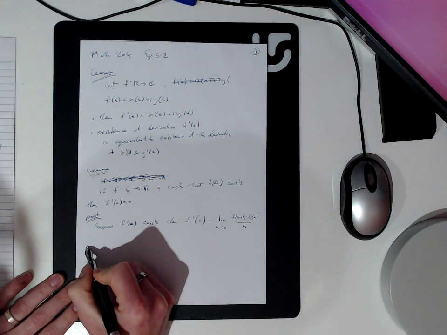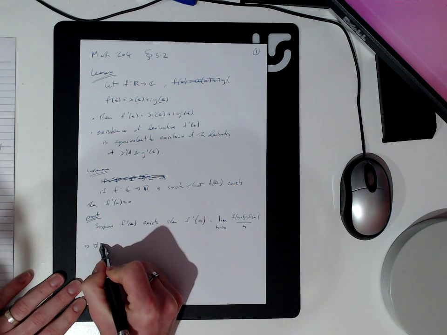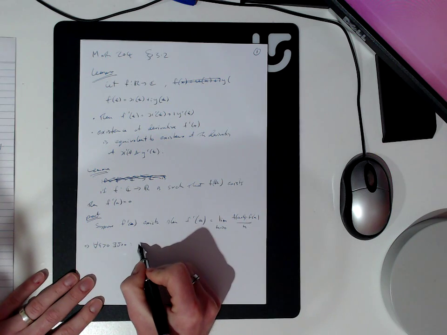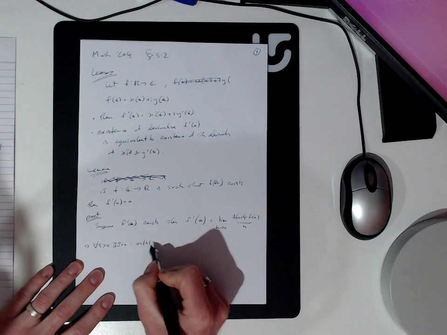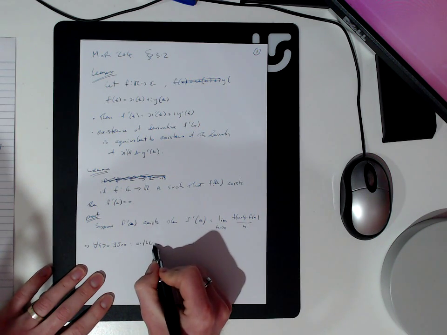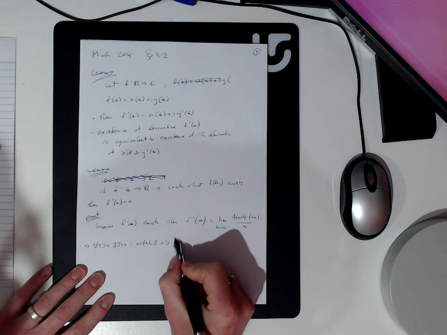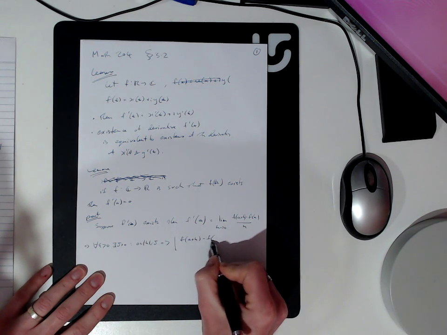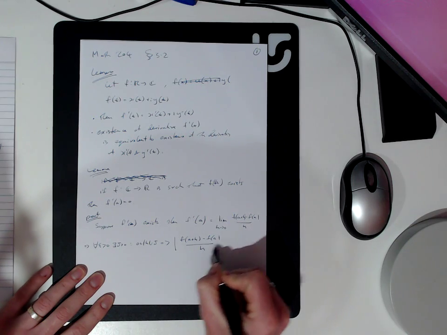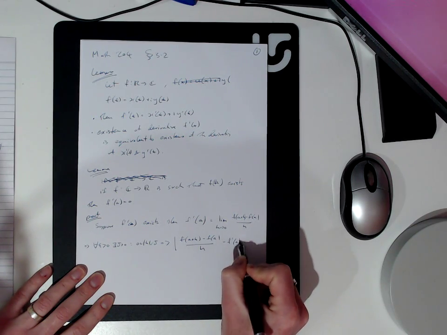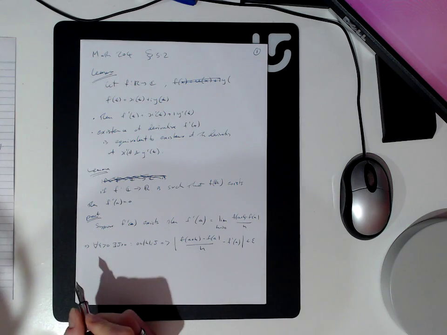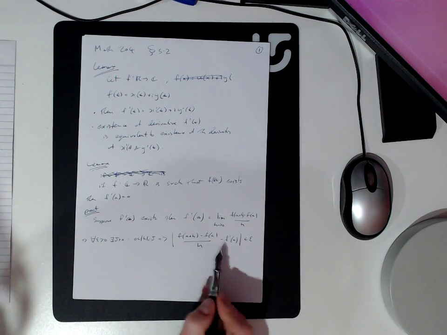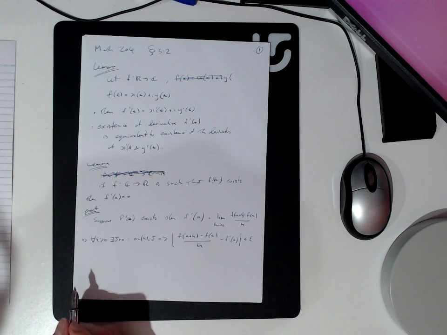And that's equivalent to saying, for all epsilon greater than 0, there exists a delta greater than 0, so that, and remember, h is complex. Yep, well, that's all fine. Okay, so now I'm going to calculate this from two different directions.